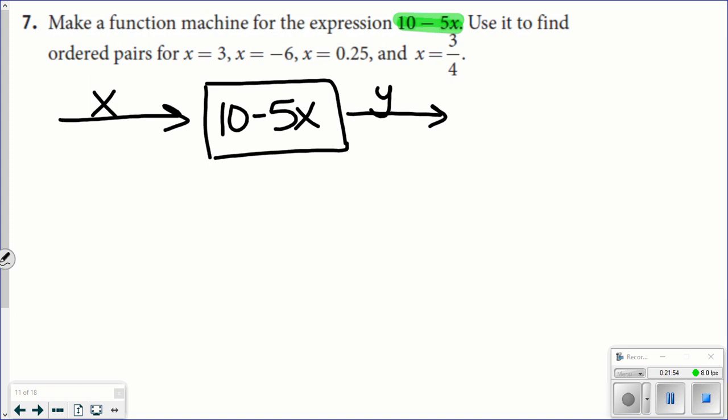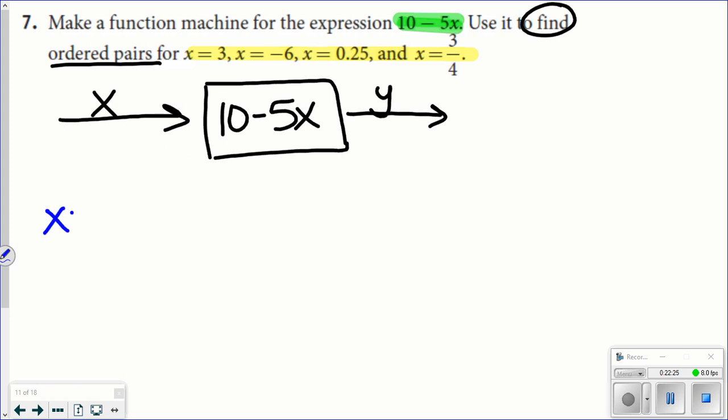Okay, so we're going to use this function machine, and we need to find ordered pairs. And here are x values that we are plugging in. 3, negative 6, 0.25, and 3/4. So again, I want you to pause the video. I want you to use your calculator, or you can use Desmos, which is a calculator online. And I want you to plug in these x values.